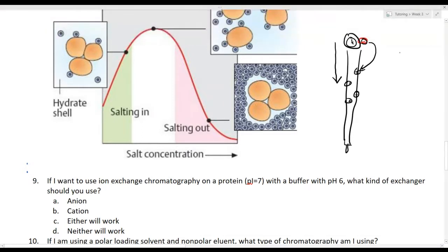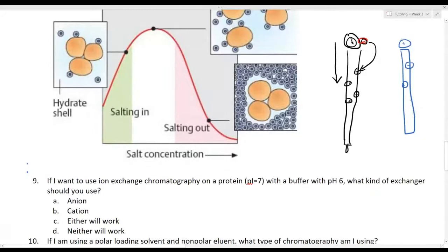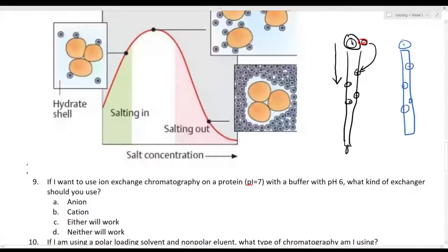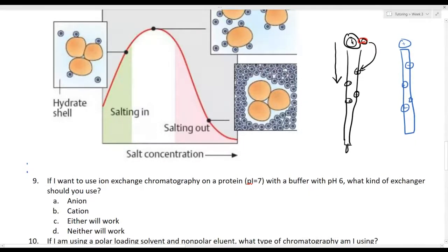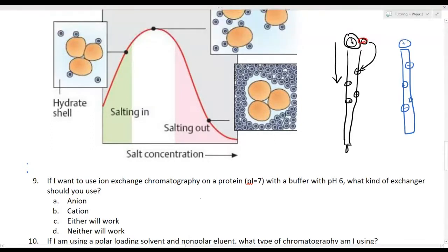So in this new column, I'm going to make sure that with my positive protein, I have a bunch of negative things in here. And so my protein stays in here and everything else gets flushed out, okay? And so that's the most common use of an ion exchanger, is just get the protein attached and then get everything else through it, and so the protein is pure, okay?